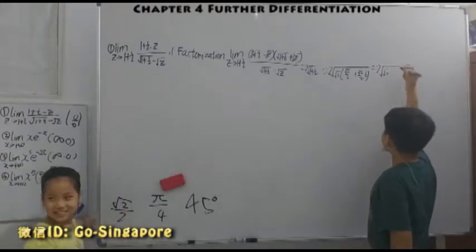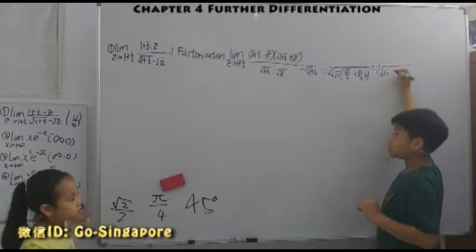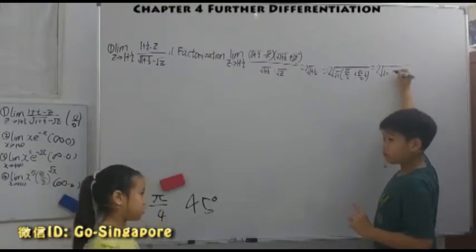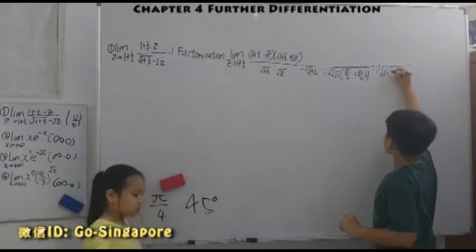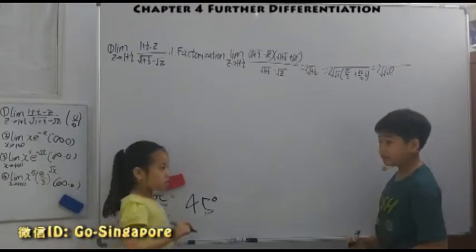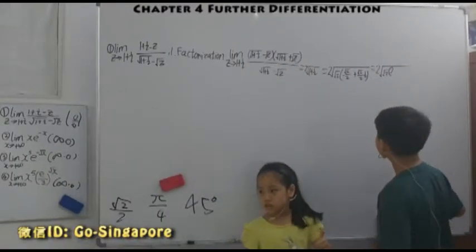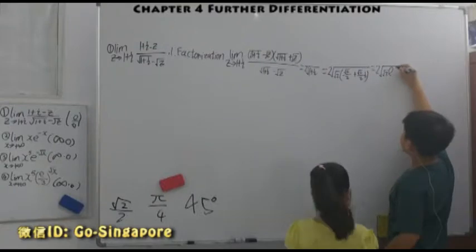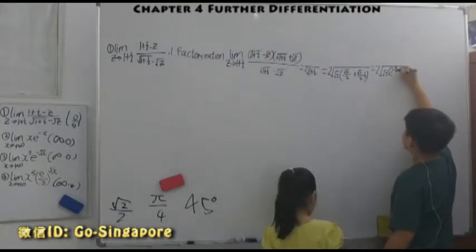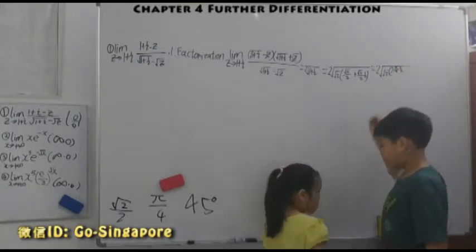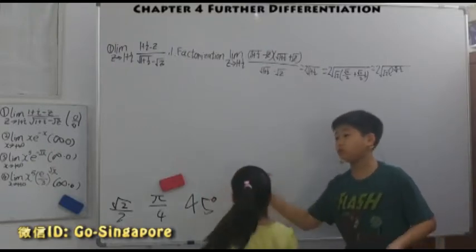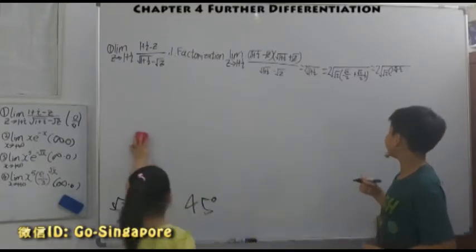So this is actually e to the power of something, and only can be e to the power of pi over 4 i, correct? Because this is the only way for them to be the same.